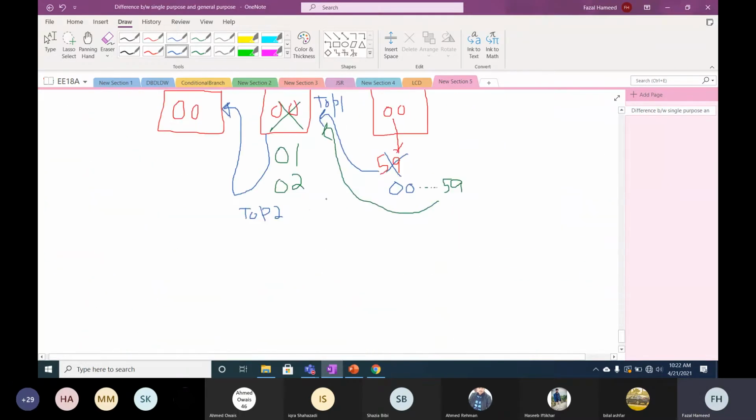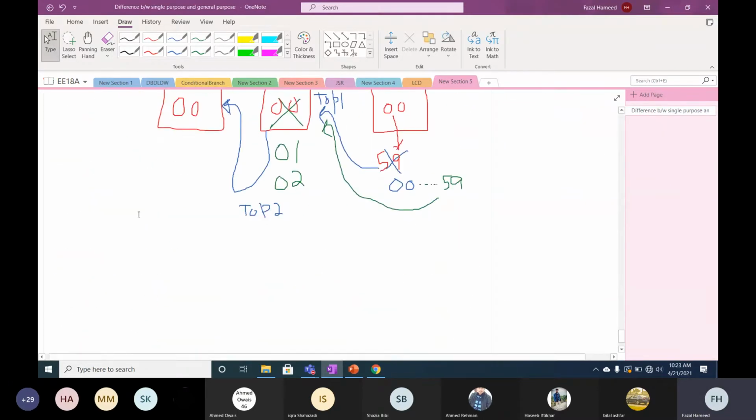It means we can write it like this, that a 32-bit counter is realized or implemented in simple words by cascading two 16-bit counters.